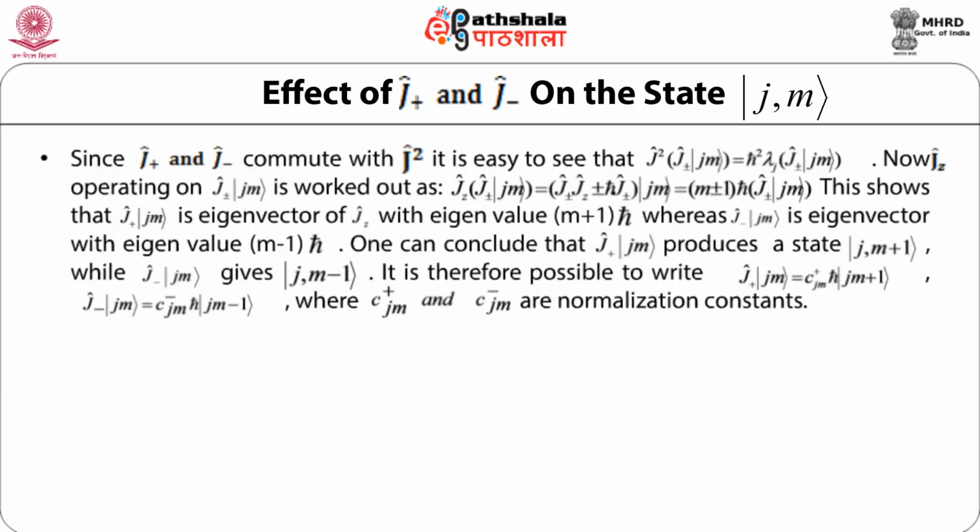Similarly, J² acting on J_- acting on the state |j m> gives ħ² times λ_j times J_- acting on the state |j m>.